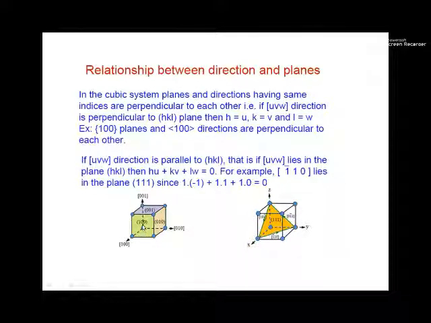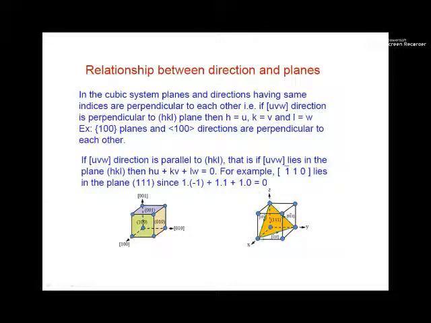So you get the 1 0 0 plane, and the 1 0 0 direction is basically the x-axis. So this 1 0 0 direction and 1 0 0 plane are perpendicular to each other. In a similar way, the 0 1 0 direction and 0 1 0 plane are obviously perpendicular, and the same thing happens for 0 0 1 and 0 0 1.